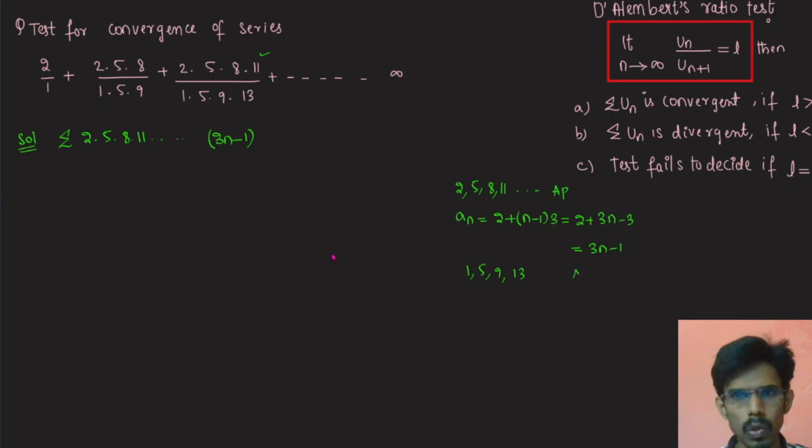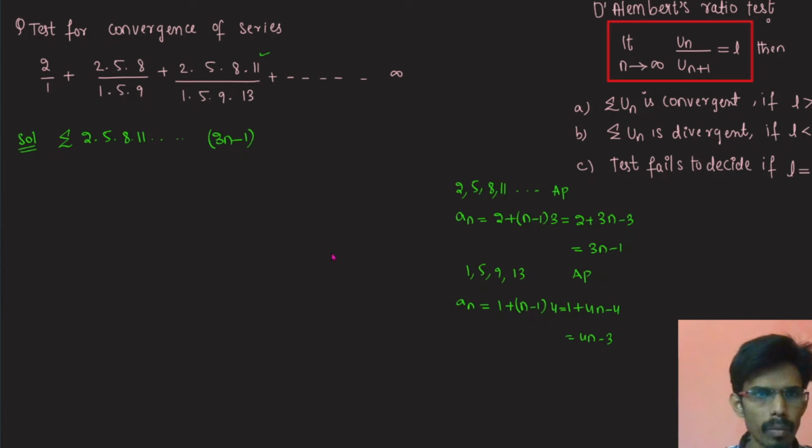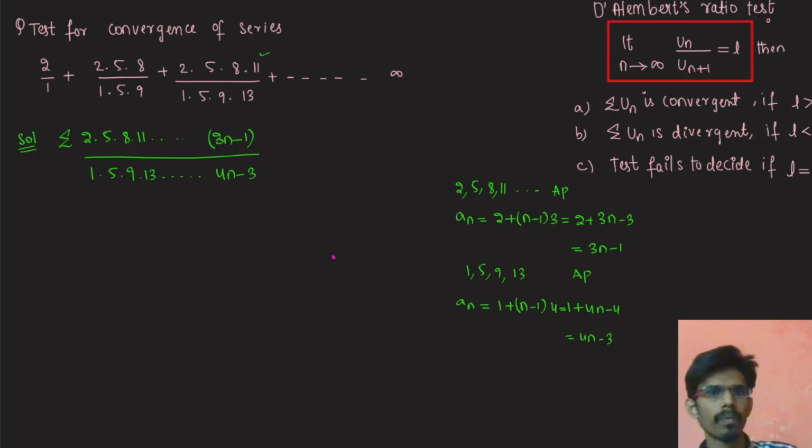These numbers are also in arithmetic progression, with general term 1 plus n minus 1 into the common difference 4. So we have 1 plus 4n minus 4, that is 4n minus 3. So in the denominator we have 1, 5, 9, 13 and so on up to 4n minus 3.